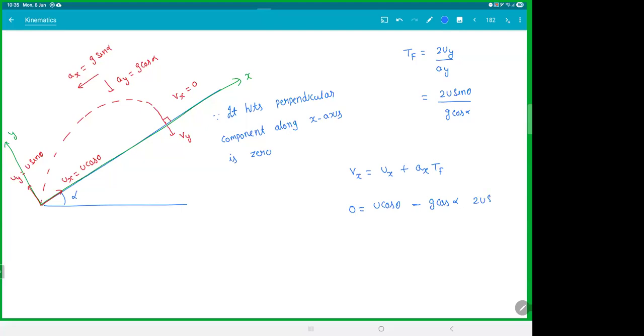Time of flight is 2u sin theta by g cos alpha. We get 2 tan theta. Yeah, simplify this, you get tan theta, tan alpha is equal to half. You can write in terms of cot also, but yeah. Check, there should be a 2.